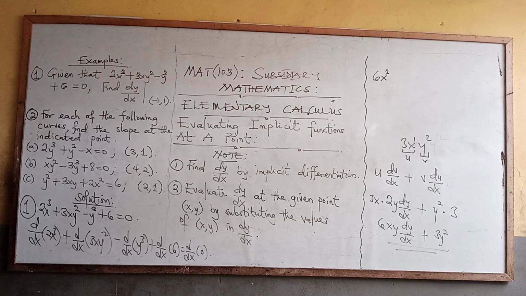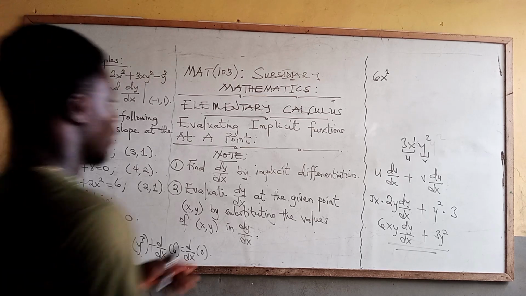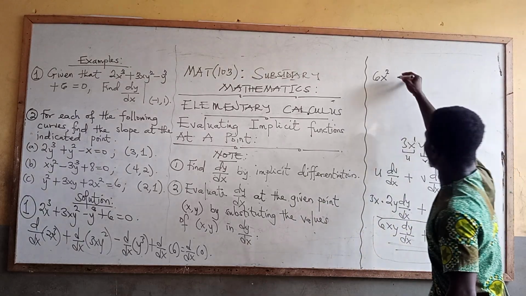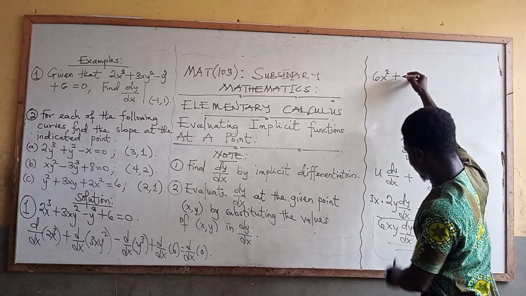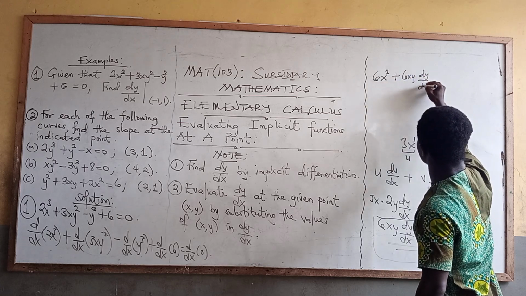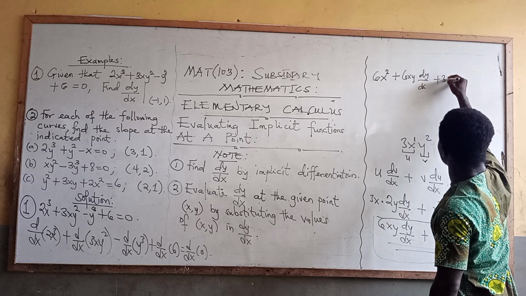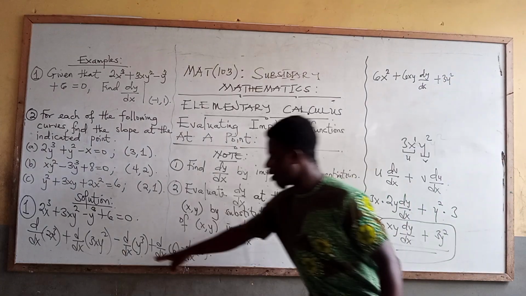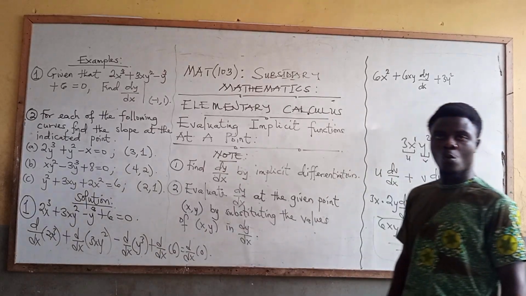So now let's proceed. I can write the whole of this there. So I have plus 6xy dy/dx, then plus 3y squared. Then now we have d/dx of y cubed.